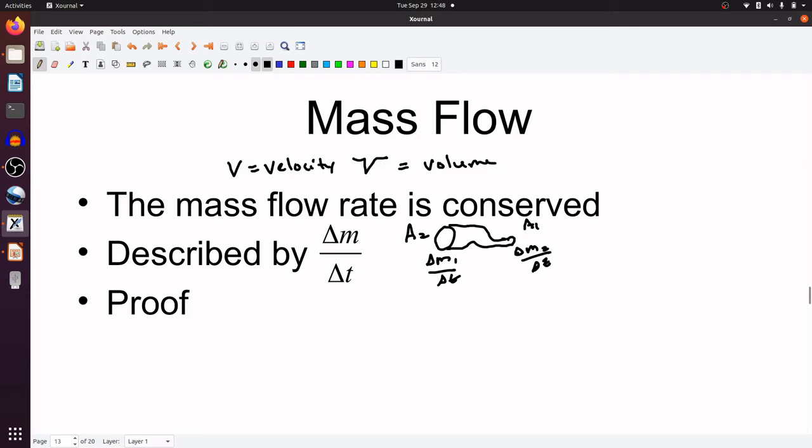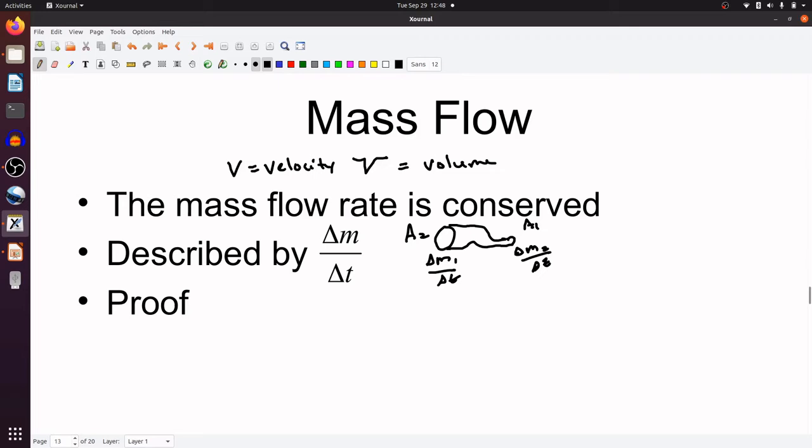A large amount of mass is going to flow through at A2 over a short period of time since it's got a larger hole. But when we get down to this little cranny here, we're going to have a lot less mass flowing through it, but it's going to take longer to go through it. So it's that value, that mass flow rate, that's actually conserved.